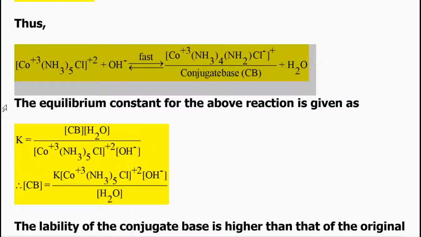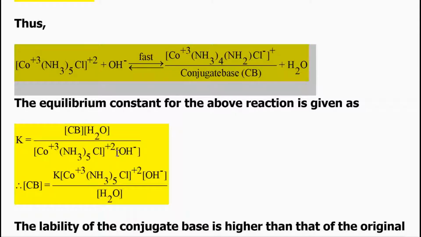Now the equilibrium constant for this reaction, that is the conjugate base formation, we know is given by the concentration of products divided by the concentration of reactants. So the products here are the conjugate base itself and water. So it is concentration of CB multiplied by concentration of water divided by the concentration of reactants, that is [Co(NH3)5Cl]2+ multiplied by concentration of OH-.